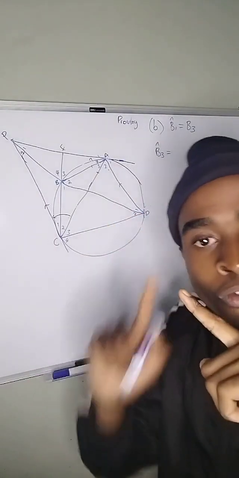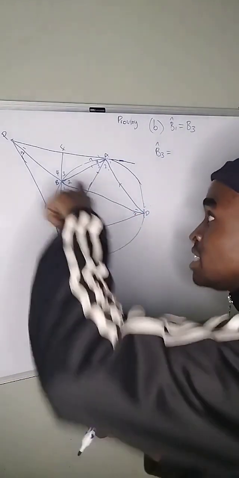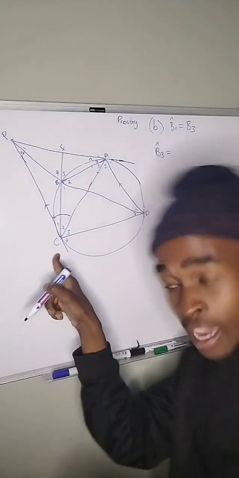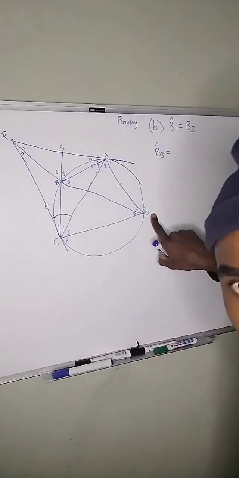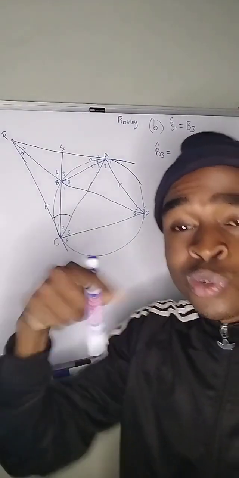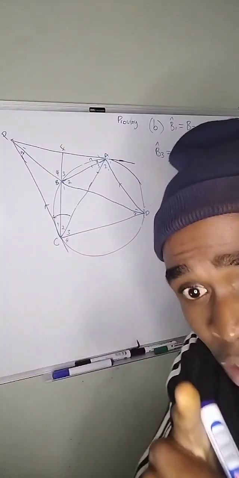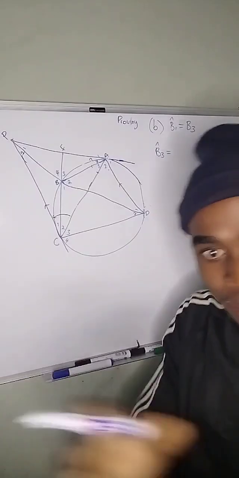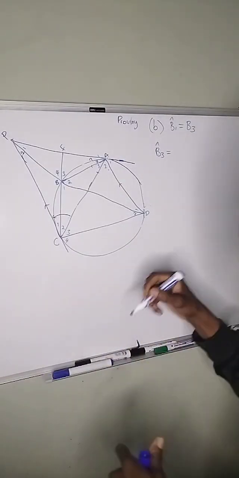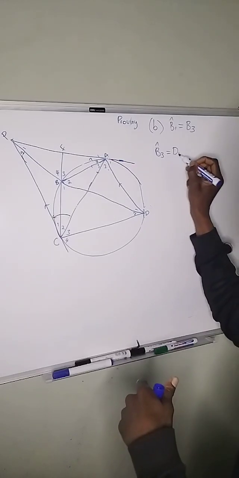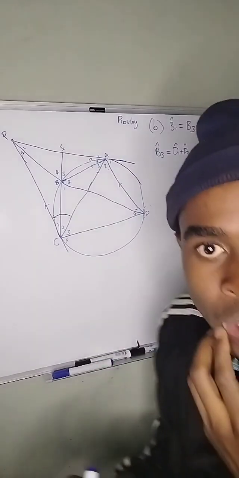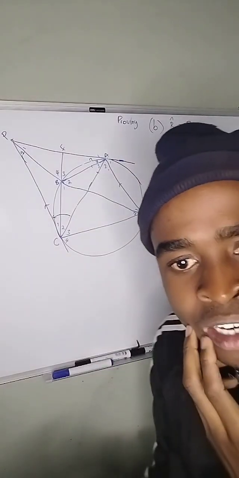Always look for the points. The exterior, which is B3, you jump one vertex and you move to this vertex. And the whole angle for that vertex is going to be equal to the exterior angle. That's how you see how these two are going to be equal. Ne? So B3 is going to be equals to what? D1 plus D2. Ne? What is B3, exterior angle of a quad?